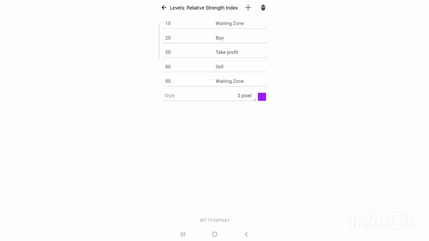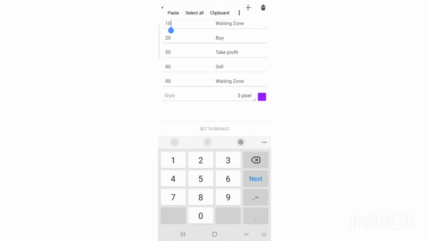So here on the relative strength index, we are using the first level. It has period 10, level 10. Description is waiting zone. The second level we are using is level 20.